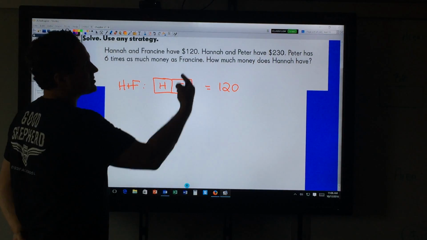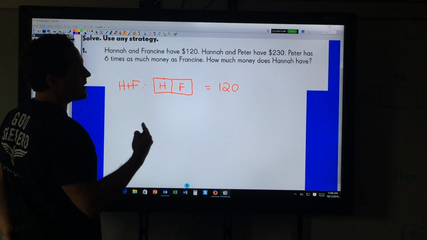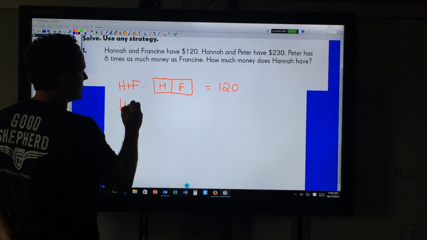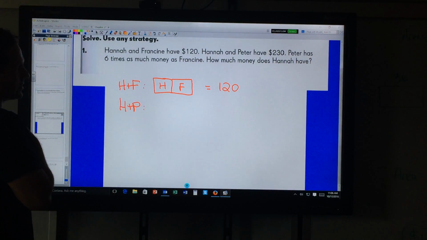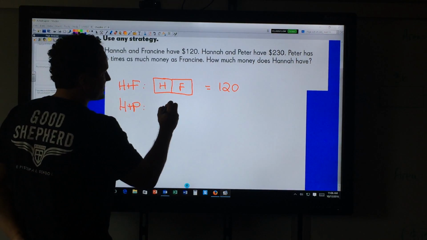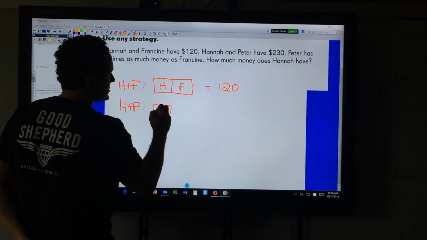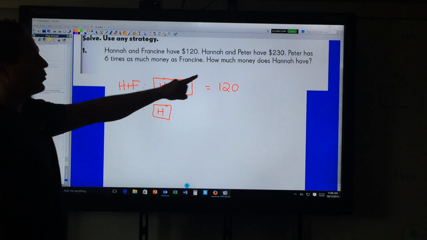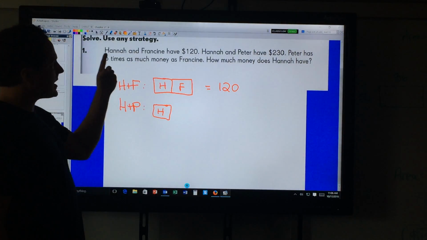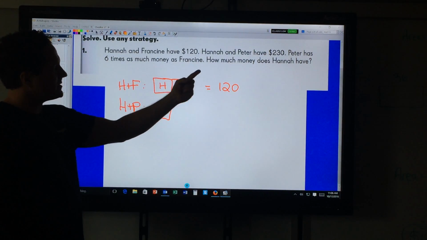I'm going to really use the information that is available to me. The way I do that is to look at the next sentence. Hannah and Peter, I'm going to call this H and P for Hannah and Peter, have $230. Now Hannah's going to have the same amount that she does, so her box is going to look the same. But Peter, we know, has 6 times as much money as Francine.